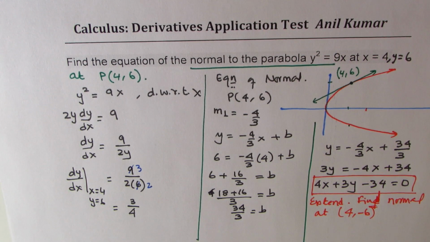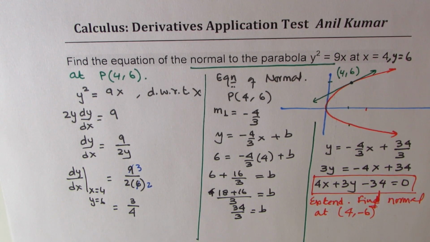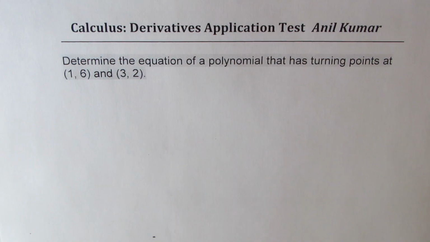Let's move on and take up the very last question of this application, where we'll try to figure out the equation of a polynomial function from given turning points. The question is: determine the equation of a polynomial that has turning points at (1, 6) and (3, 2).